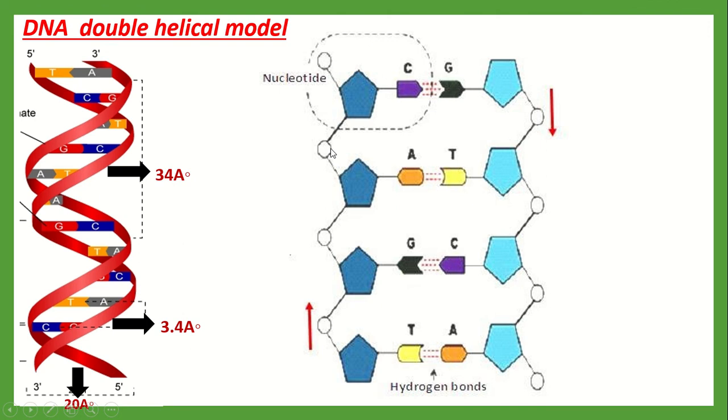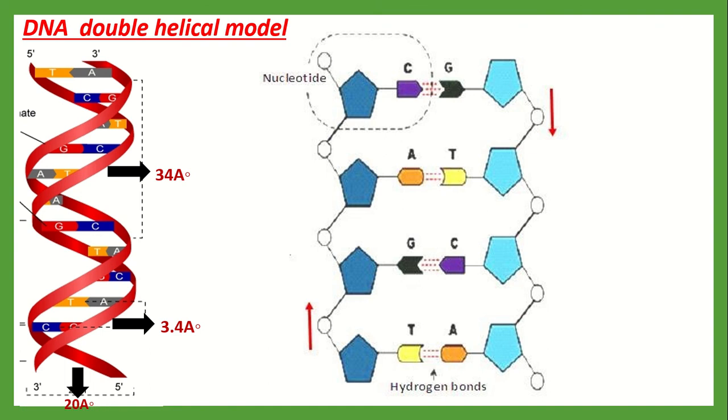The phosphate group of the number 5 carbon atom of one deoxyribose is covalently bonded with the 3 carbon of the next. Besides, the nitrogen bases are connected with the 1 carbon atom. Okay, everybody see here, every nitrogen base is attached with number 1 carbon of deoxyribose sugar.